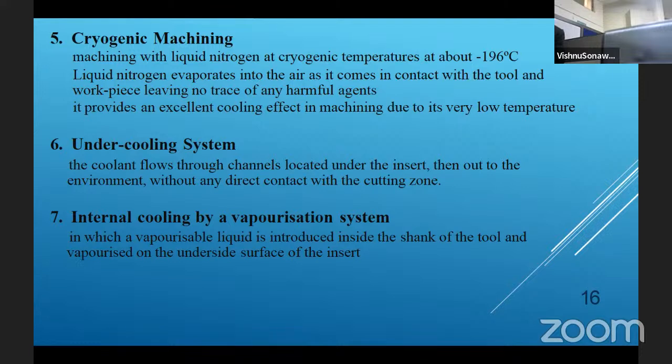When the cutting action takes place, through the shank of the cutting tool, the vaporizing cutting fluid will be supplied to cool the material. Due to the heat generation at the tip, the cutting fluid will be dissipated. This is the main advantage of this vaporization system during dry speed machining, right?